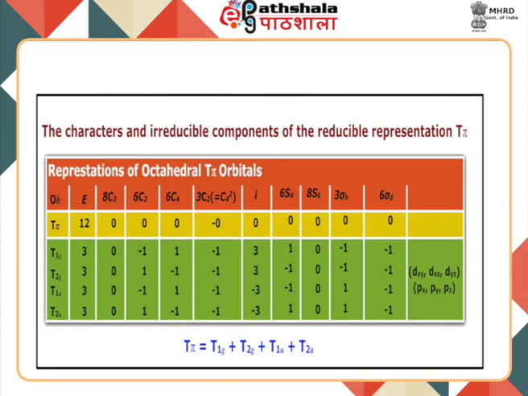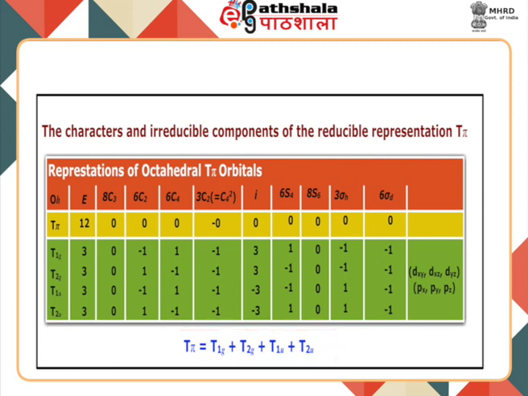Table 1 is the character table, which gives the characters and irreducible components of the irreducible representation. In this context, the irreducible representation, that is, tau pi, is reduced down to T1g plus T2g plus T1u plus T2u.